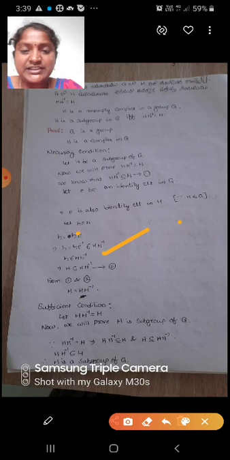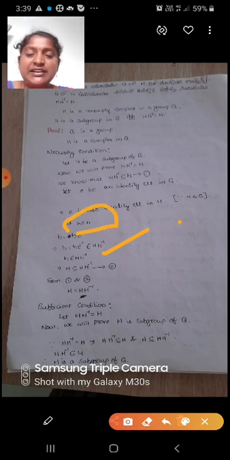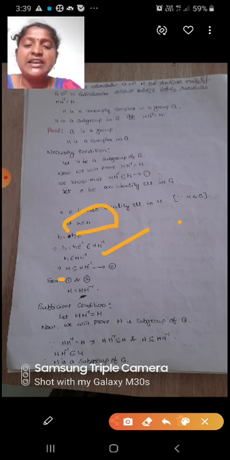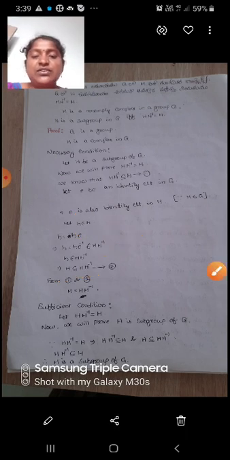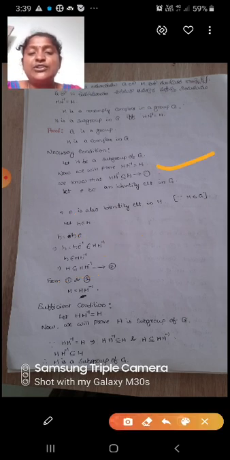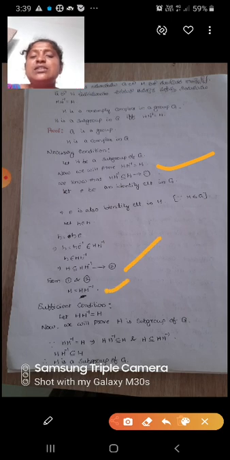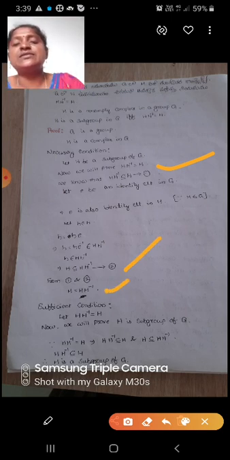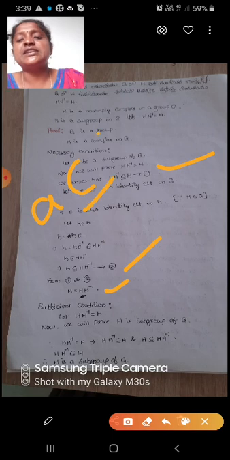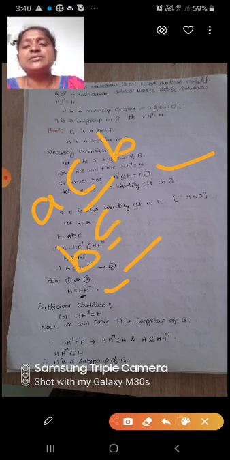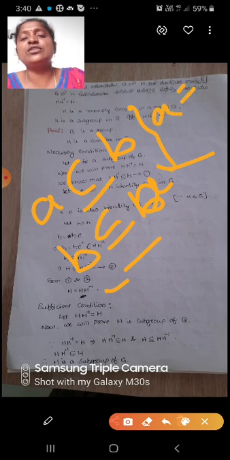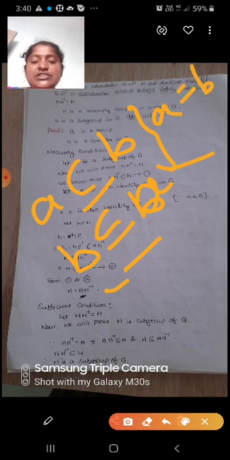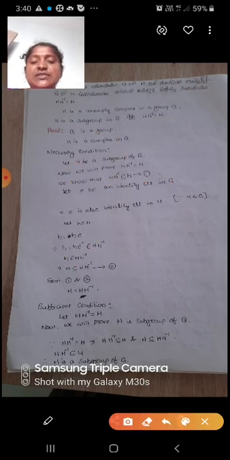Here what is h? h is an element in H. Therefore H is a subset of or equal to H into H inverse. Therefore from 1 and 2, if A is a subset of or equal to B, and B is a subset of or equal to A, implies A equal to B. So H equal to H into H inverse.